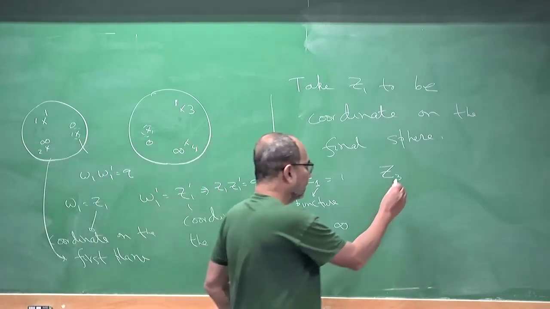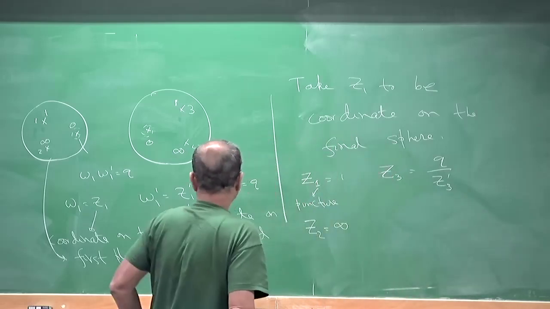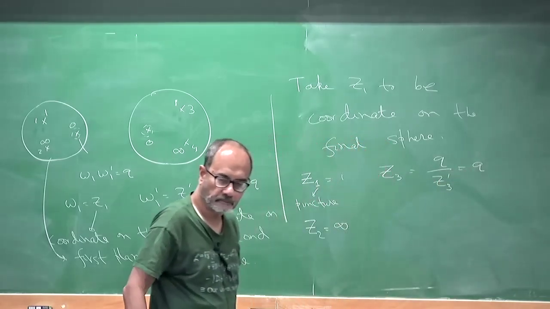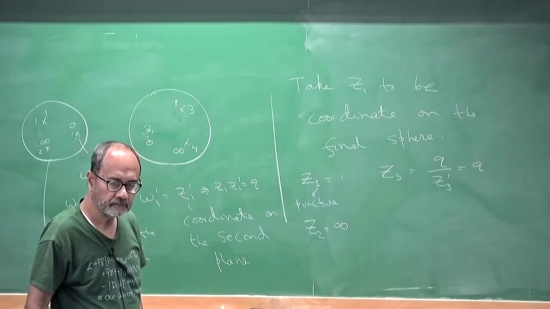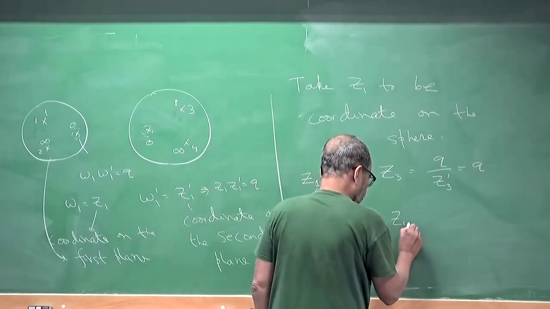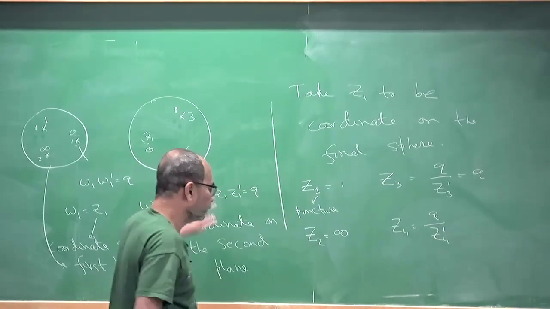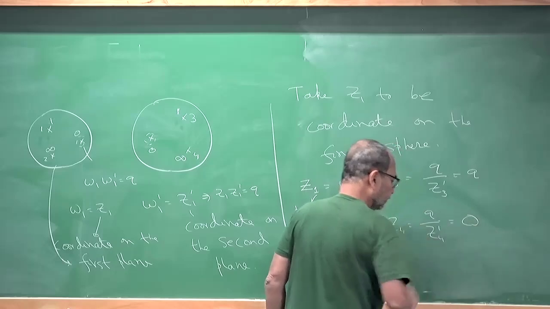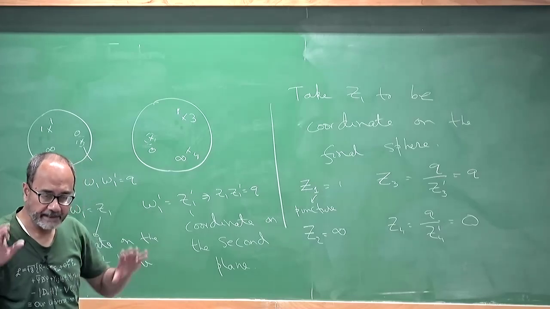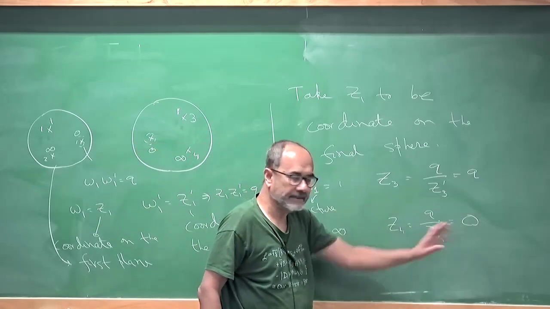So Z3 is Q over Z3 prime. Z3 prime was at 1, so this is Q. And Z4 is Q over Z4 prime. But Z4 prime was infinity, so this is 0. So in the final sphere, the punctures are located at 1, infinity, Q and 0.